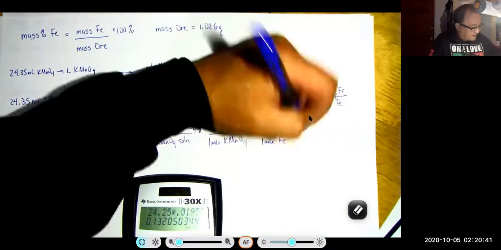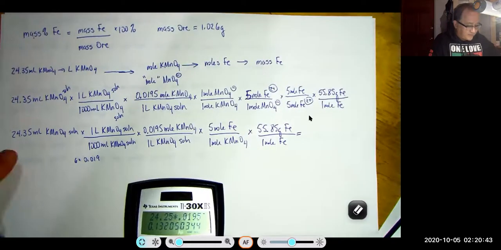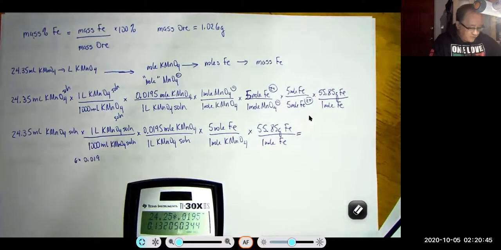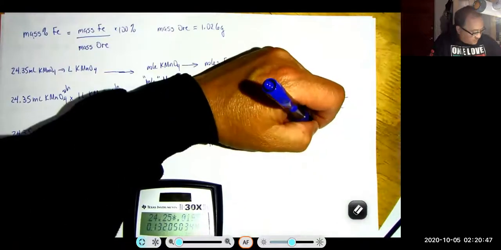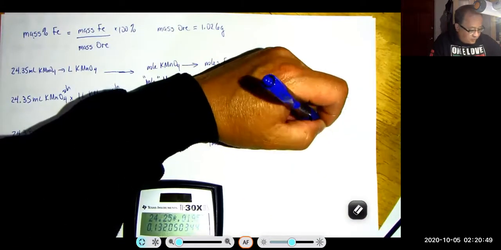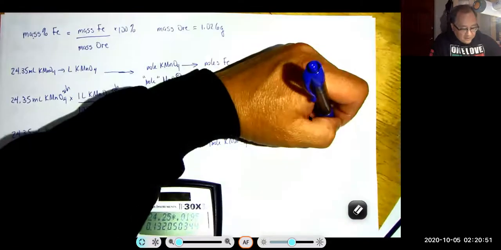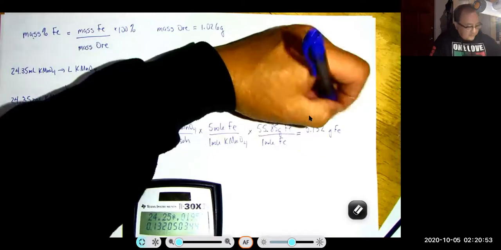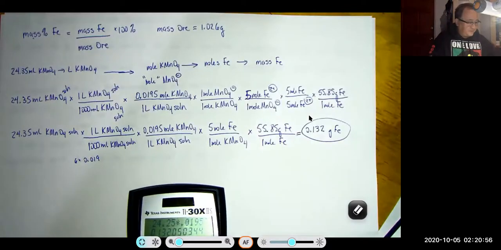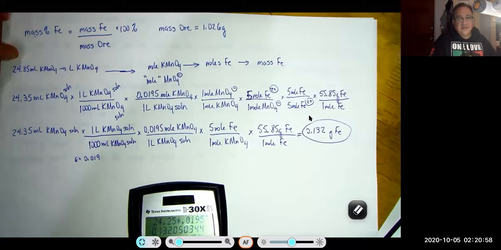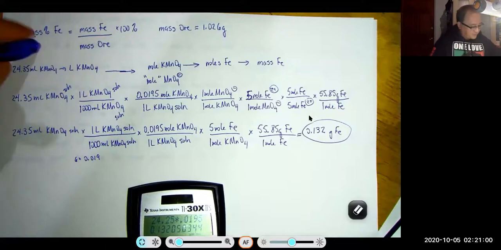So here, how many significant figures are we allowed? Because of this, 3. So 0.132 grams of iron. Now, is that our answer? The answer is no. They didn't ask for the mass of iron. They asked for the mass percent.